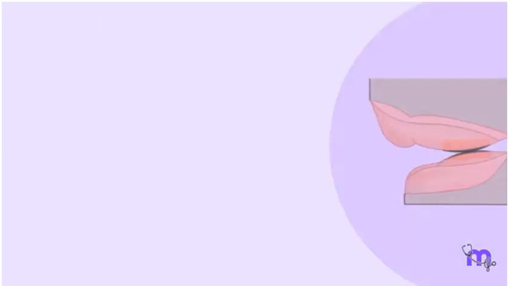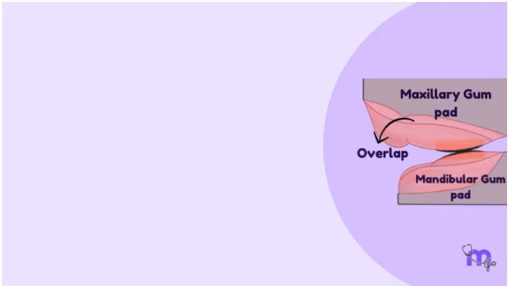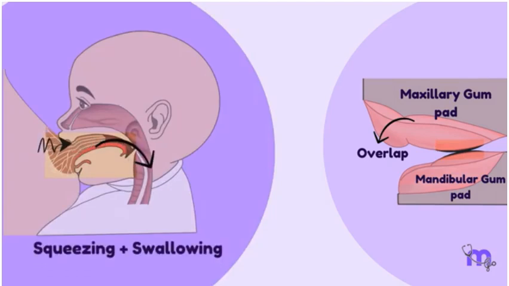Next on the list is the wider upper arch. The complete overlap of the maxillary gum pads over the mandible also provides an efficient way of squeezing in milk as they create a complete barrier in the oral cavity. This action of squeezing and swallowing occurs simultaneously.